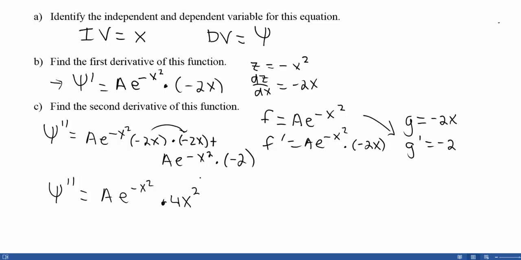Now here I'm going to pull the minus to the front and write this as minus 2a e to the negative x squared. I could have left the 2 at the end. That would have been perfectly fine as well. But I decided to pull it up front because a lot of times we like to group our constants in the front. But this is a good way to represent the second derivative now with all of our terms, remembering that a here is a constant.